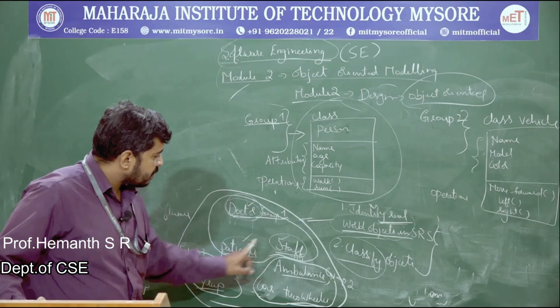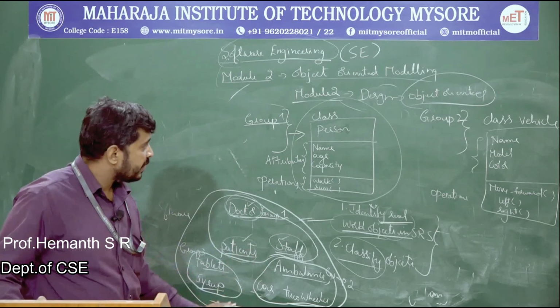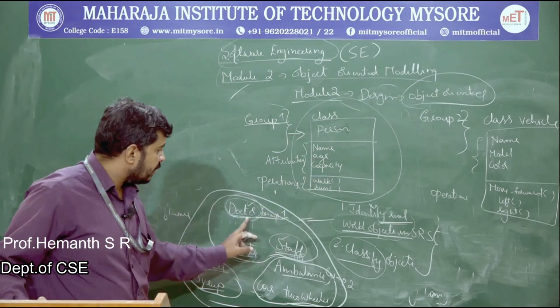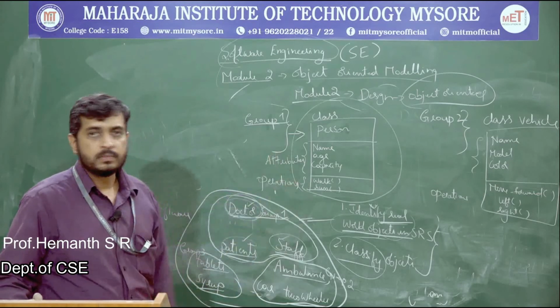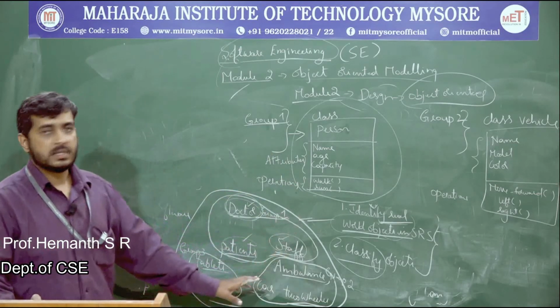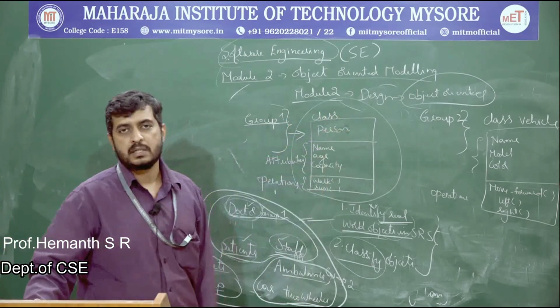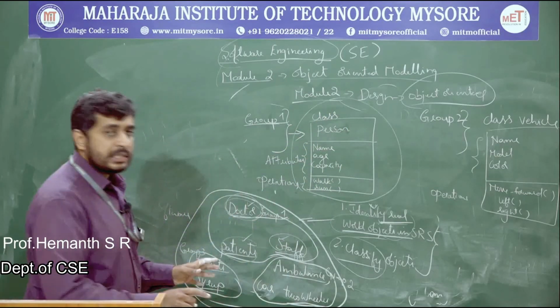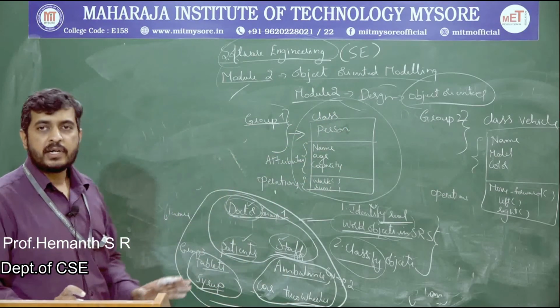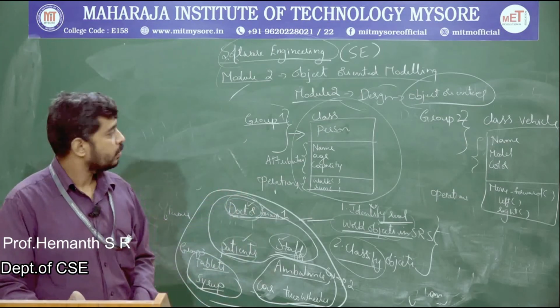Once you identify the entities, group it in such a way that similar entities come under one group, and once you are done with this, you have completed the class. How exactly it is done, the detailing of which you will see in different sections of module 2.